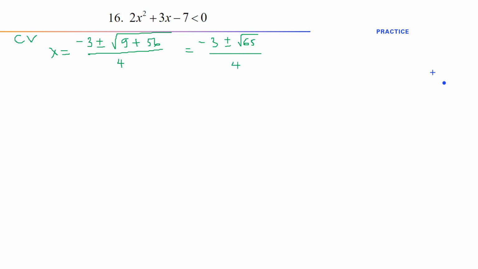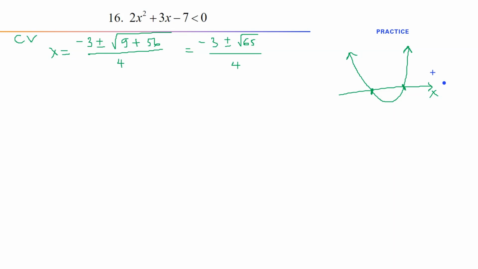So over 4. Now remember, I mentioned the method of graphing, right? You have the x-axis and then you have the U shape of the graph. So you know that the two points of intersection with the x-axis, the x-intercepts, will be the critical values we have right there.